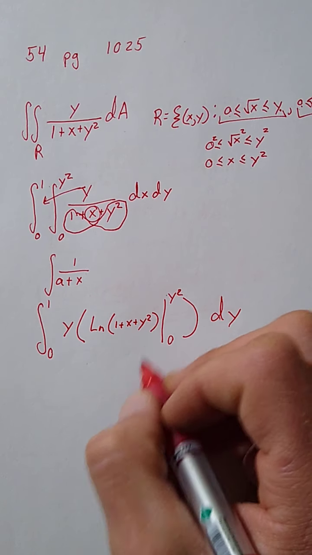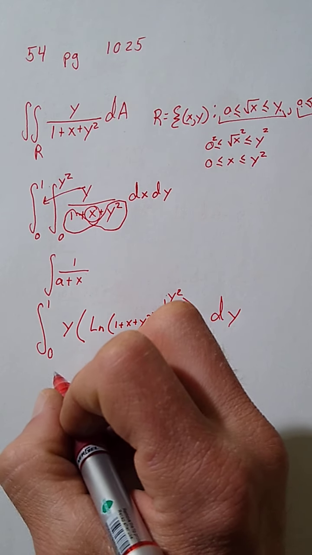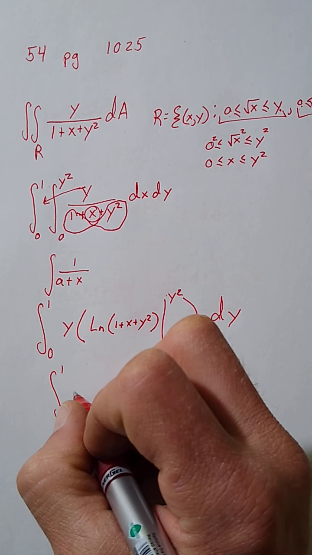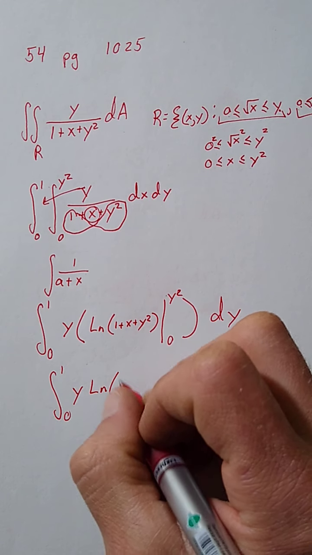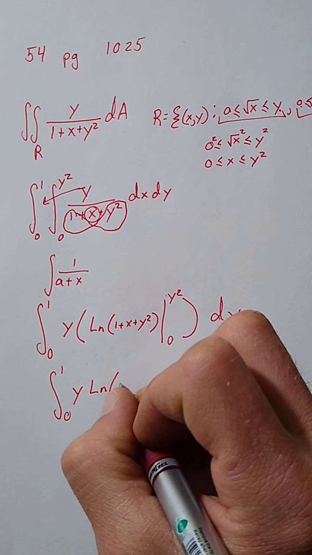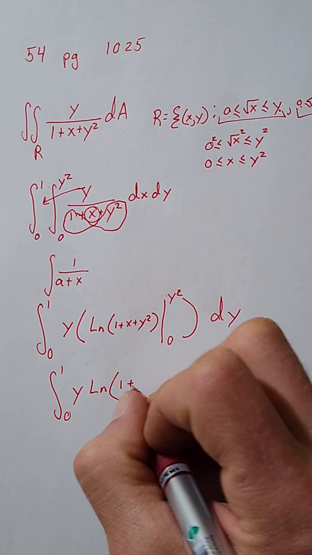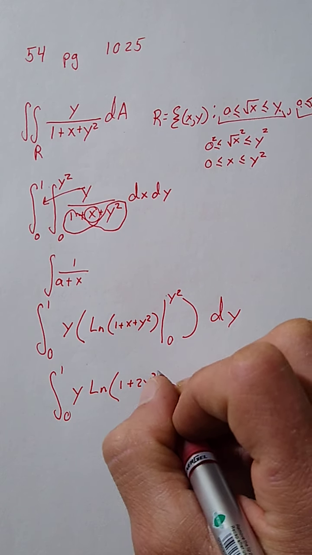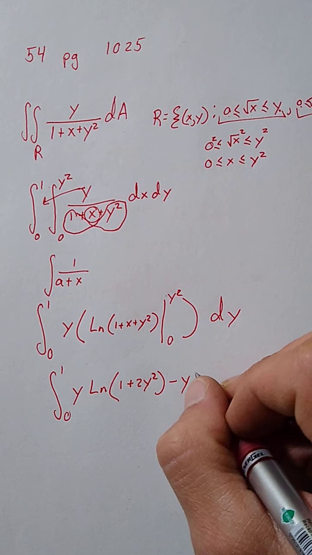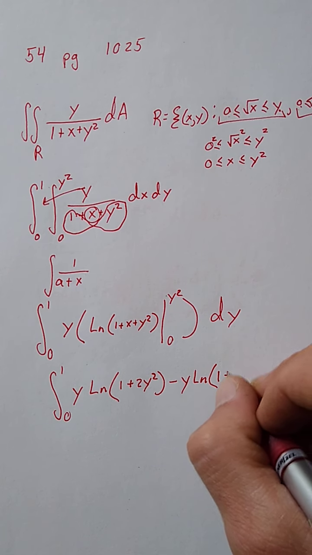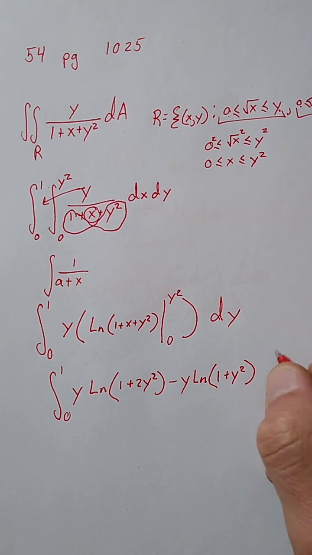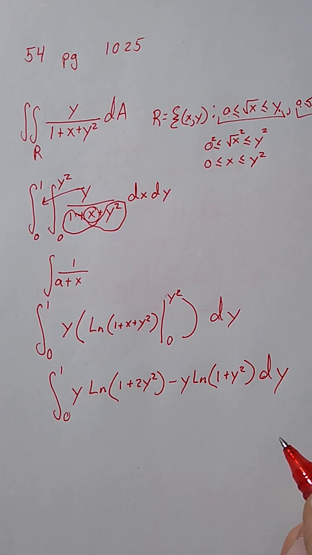And we can see that that's now going to give me the integral from 0 to 1 of y ln of 1 plus 2y squared minus y ln 1 plus y squared dy. So these are integrals that one could do, but that's kind of a pain.